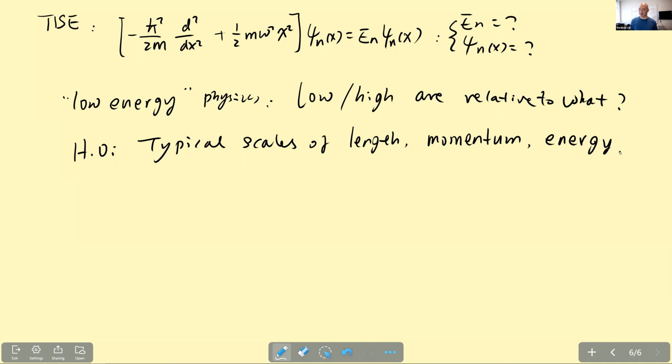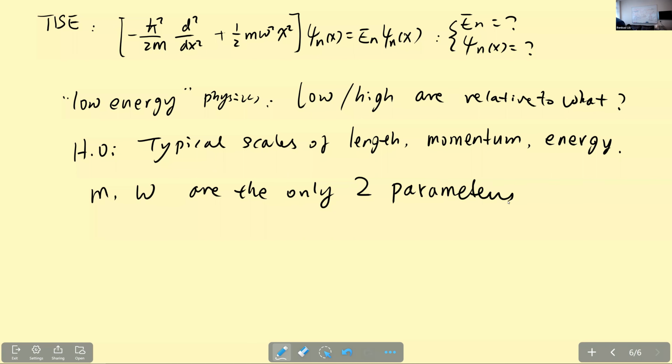But the question is that we have m and omega as the only two parameters of the system.